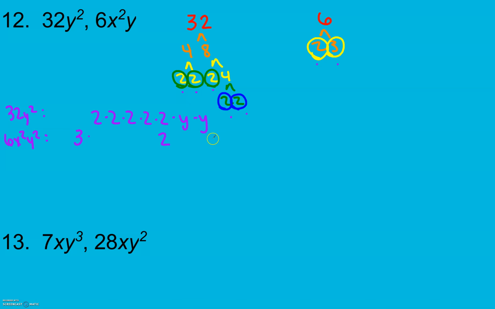X squared, I don't have any x columns, so I make some new ones at the end, and I have a y squared, which is, again, y times y. So my common factors, my full columns are a 2 column times a y column times a y column. Gives me 2y squared. Y times y is y squared as my greatest common factor.